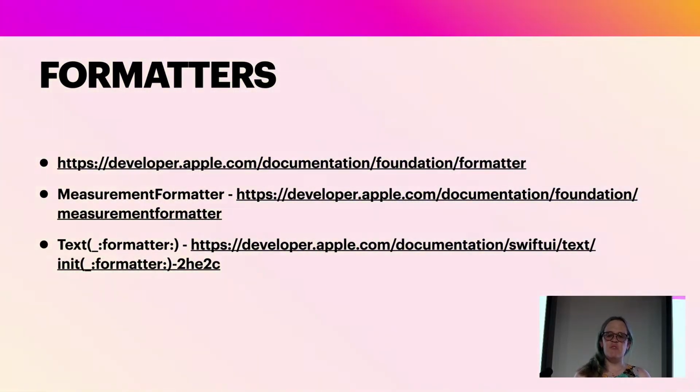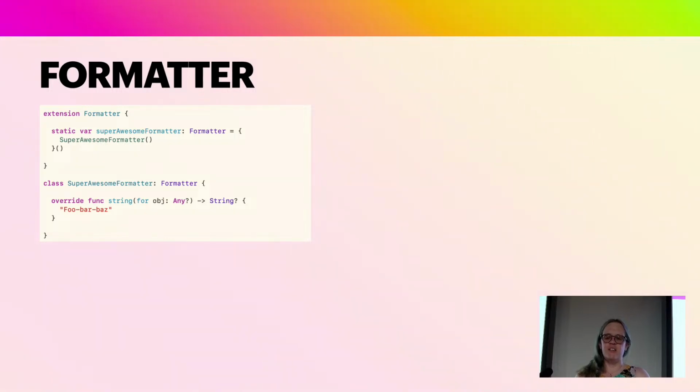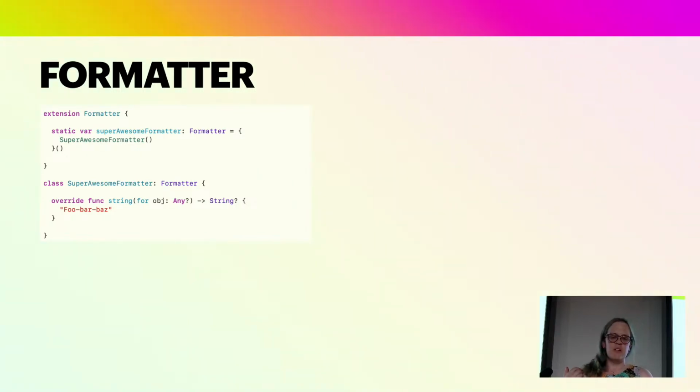What does that formatter look like? It looks a bit like this. This is very simplified. Here you're calling string for on any type, and you then go through the process of manually changing your type.